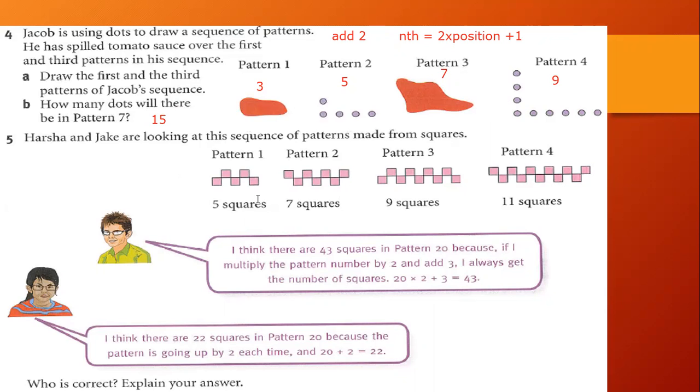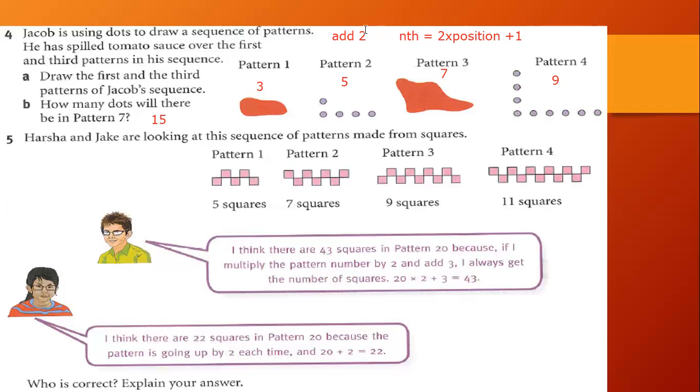Now question number 5: Harsha and Jack are looking at the sequence of a pattern made from squares. The first numbers are 5, 7, 9, and each time they are adding 2, and 2, and 2. And 11. So let me check.